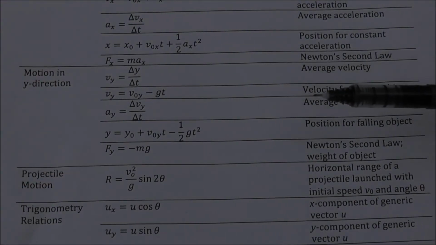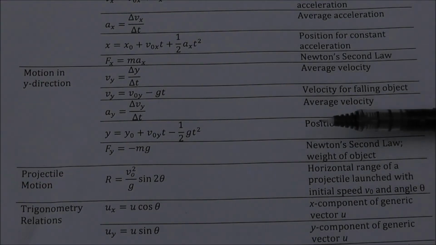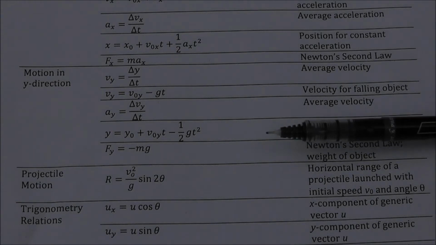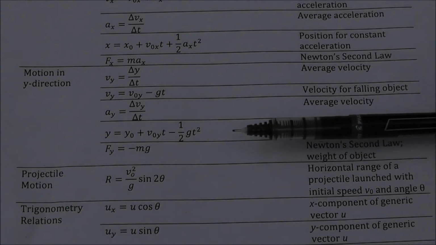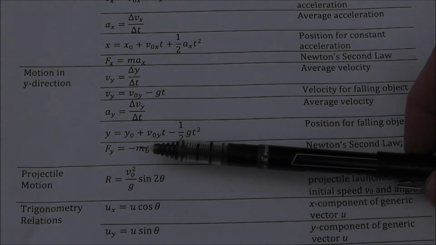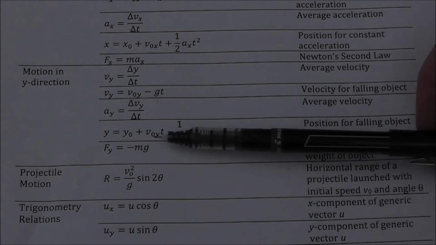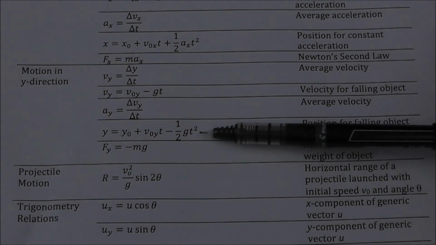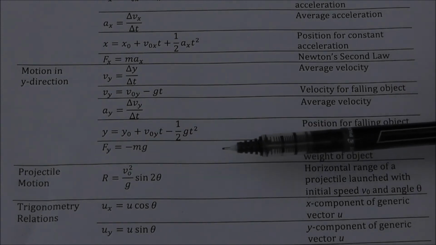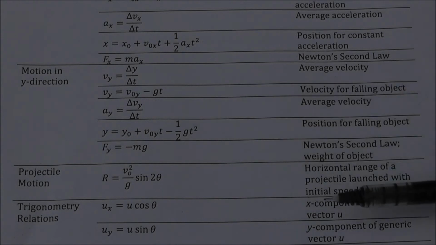So we need to find the appropriate equation for the motion in the y direction, and think about what we know and need to know. We know this, we know this. What we're trying to find out is the time. So this would be the appropriate equation for the first part of the problem.